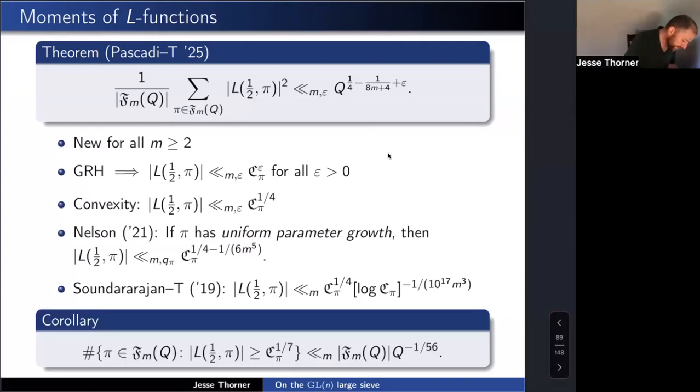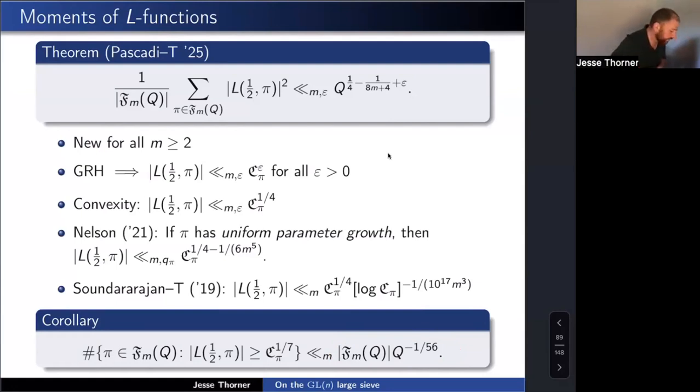And what this L2 moment is saying, just as an application of Chebyshev's inequality, is that with a power saving number of exceptions, I have to have that my central value is bounded from above by analytic conductor to the power 1/7.